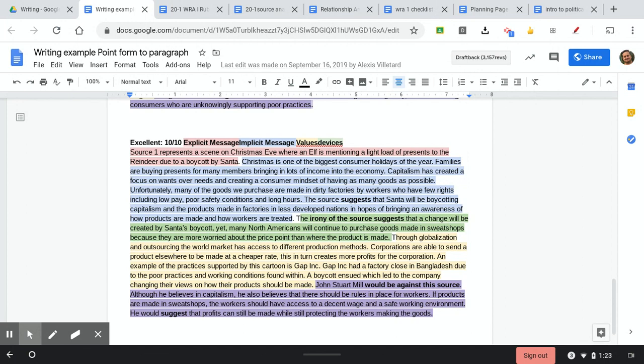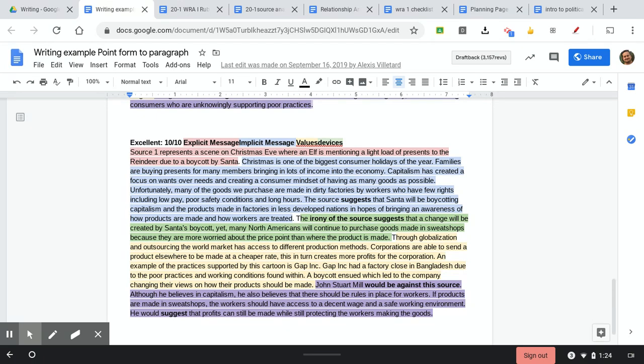So source 1 represents a scene on Christmas Eve where an elf is mentioning a light load of presents to the reindeer due to a boycott by Santa. Good vocabulary here, boycotting. Christmas is one of the biggest consumer holidays of the year. Families are buying presents for many members, bringing in lots of income into the economy. Capitalism has created a focus on wants over needs and creating a consumer mindset of having as many goods as possible.